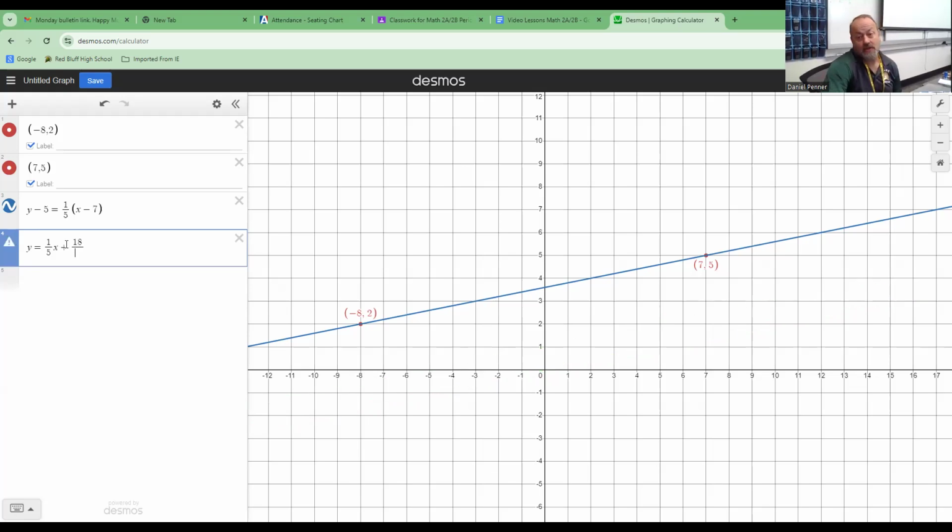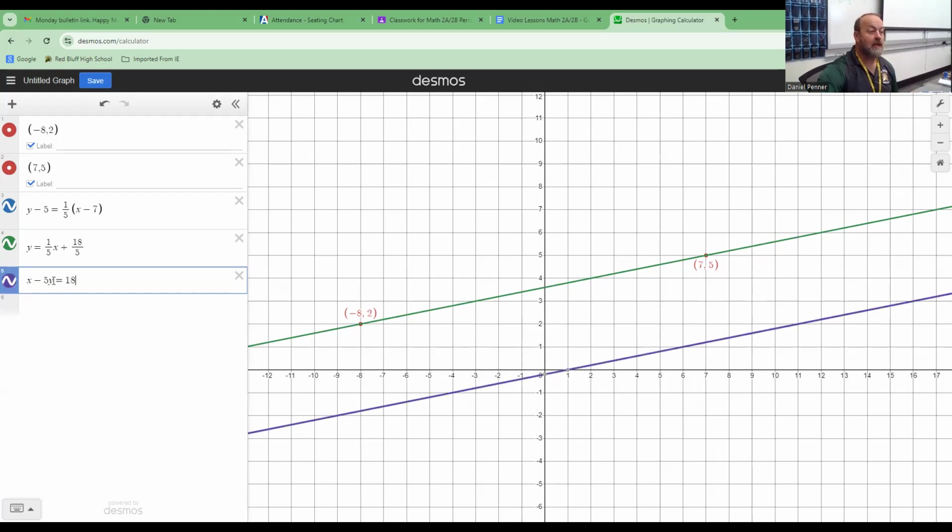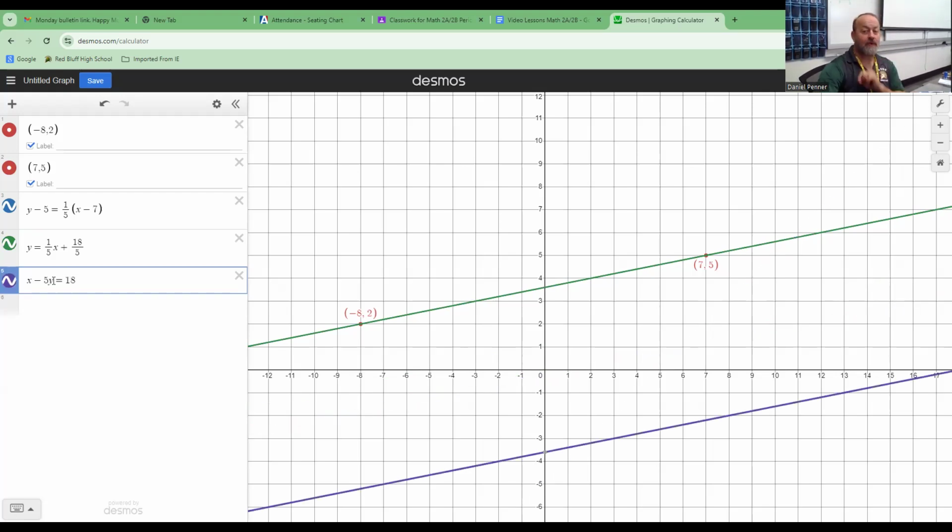And if I've done it right, it should land right on top of the other. Notice the line turned green. They have the same exact equation. So the blue one and the green one match. And last but not least, x minus 5y is 18. Oh, that's wrong. I forgot there was a negative on it, huh? So I'll put a negative on that and boom, we got it.